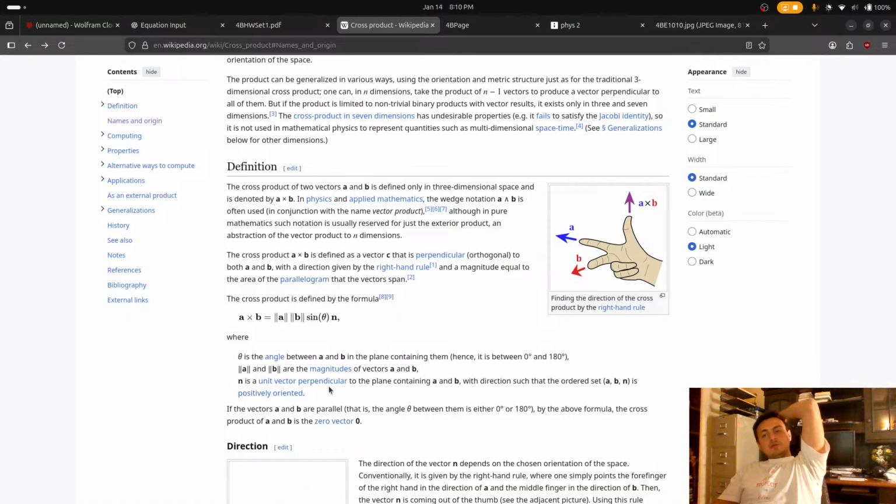Yeah, we should do a problem where, let's say you have two vectors. How do you compute the angle between them? What's the easiest way to compute the angle between them?